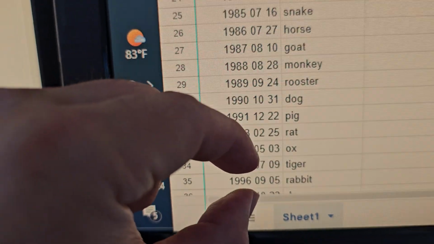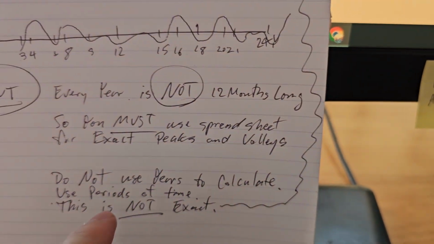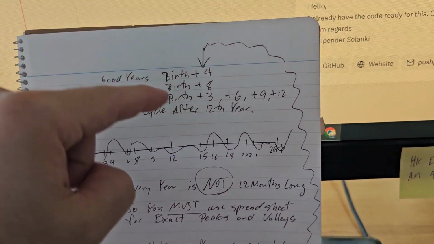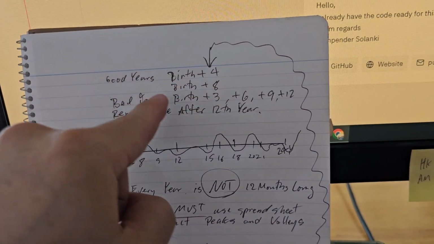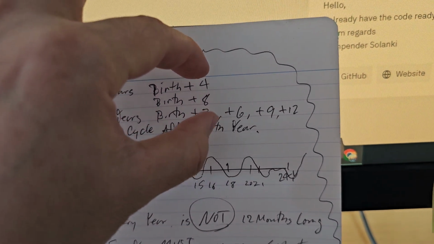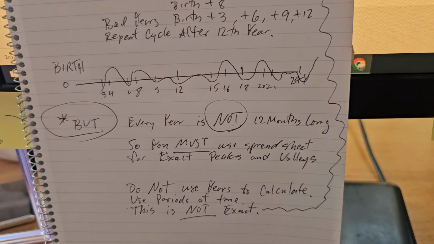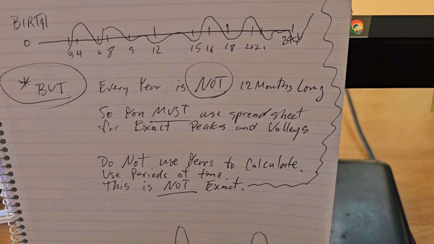So start with period 0 and know that these are not exact years, these are periods. Birth plus 4 periods, birth plus 8 periods. Don't think of this as years because it's not accurate. How else do I explain this? The concept is really simple.